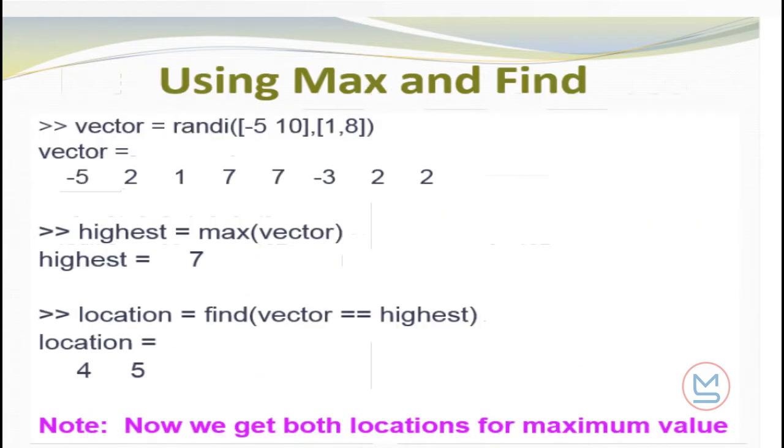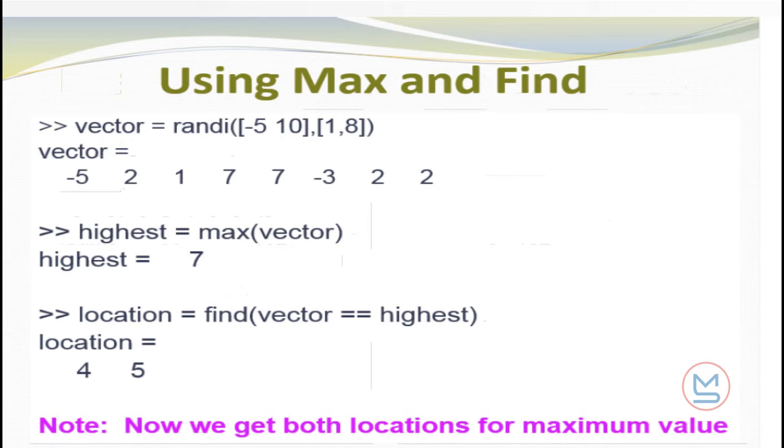I can use max and find together. So let's go back to that example that we looked at before with max, and we did highest equals max of vector. But remember when we did highest location equals max of vector, it just came back with location equal to 4. It gave us the very first location where the maximum existed. So now I can use the max command and the find command together.